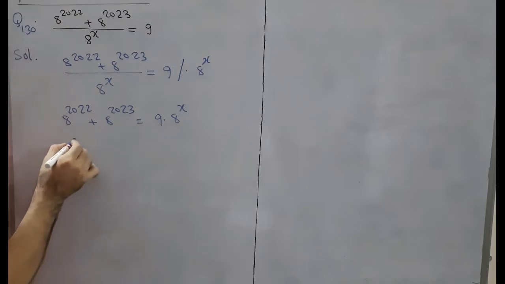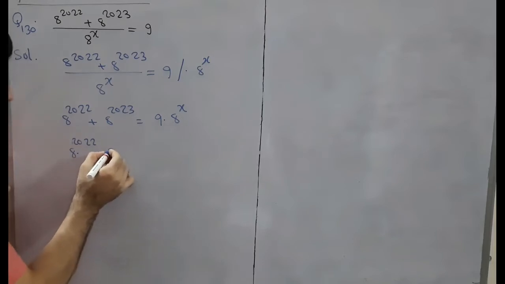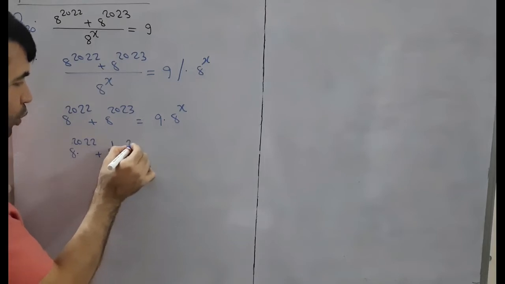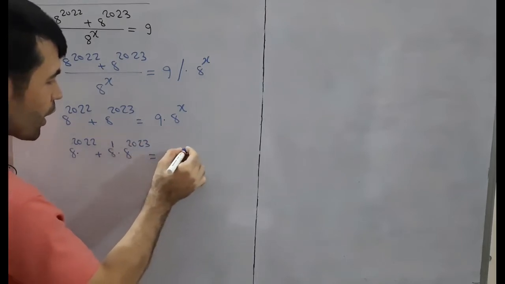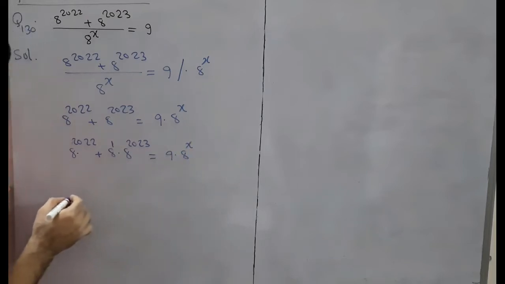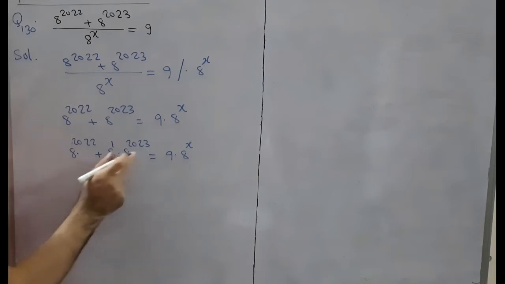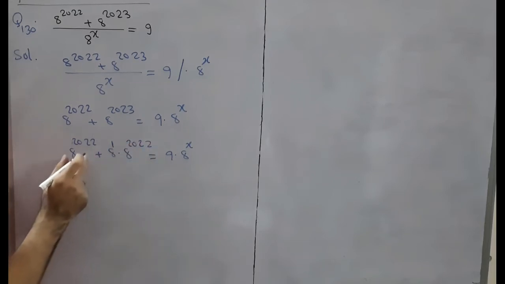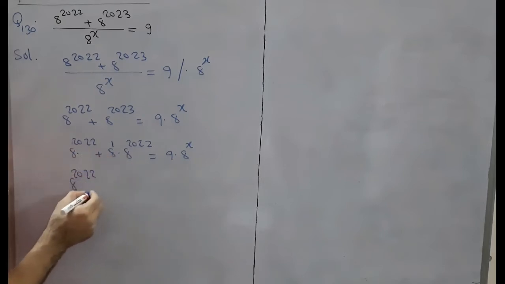8 to the power 2022 plus 8 to the power 1 into 8 to the power 2023... it is equal to 9 multiplied by 8 to the power x. Here we take the common factor 8 to the power 2022.